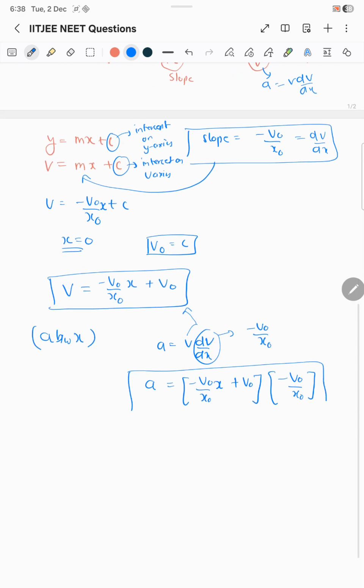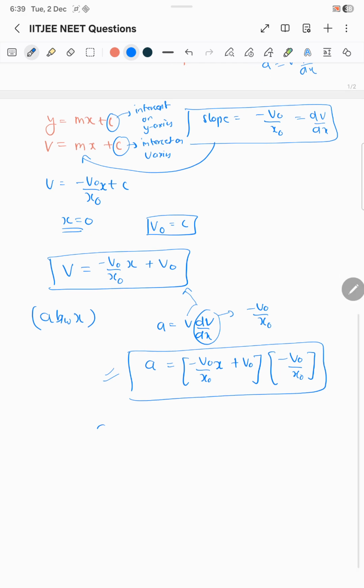Why are we doing this? To get a relation between a, acceleration, and x. If we get a relation between two variables, we can plot it. So that's why we got this relation. Now we'll simplify it. It will be v naught square by x naught square into x minus v naught square by x naught.